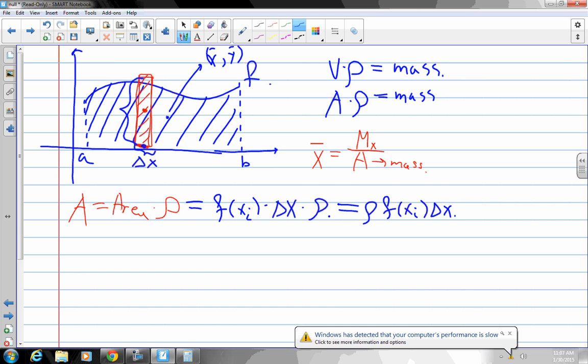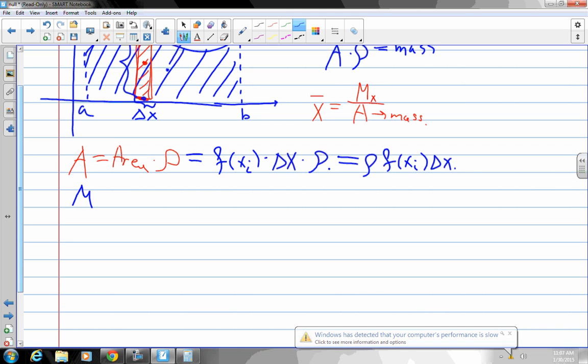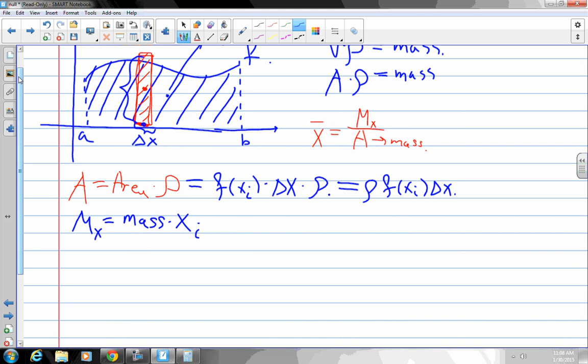So to do the moment, we'll have to take the mass times the x position, right? This is what we did before. The x position is just whatever the x value of this thing is, the x of i.